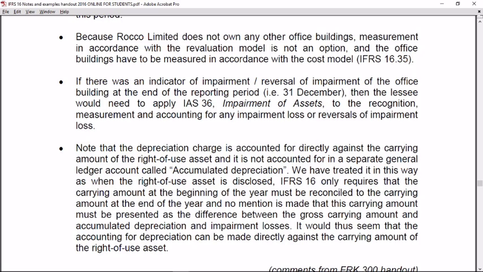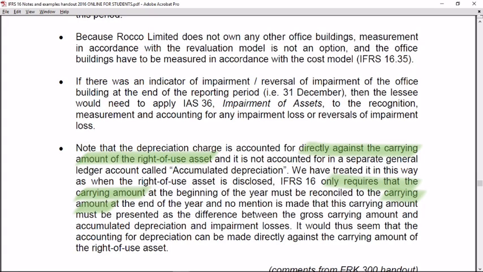Please note that the depreciation charge is accounted for directly against the carrying amount of the right of use asset and is not accounted for in a separate general ledger account called accumulated depreciation. The reason we do this is when you look at the disclosure requirements under IFRS 16. It only requires that the carrying amount at the beginning of the year must be reconciled to the carrying amount at the end of the year.